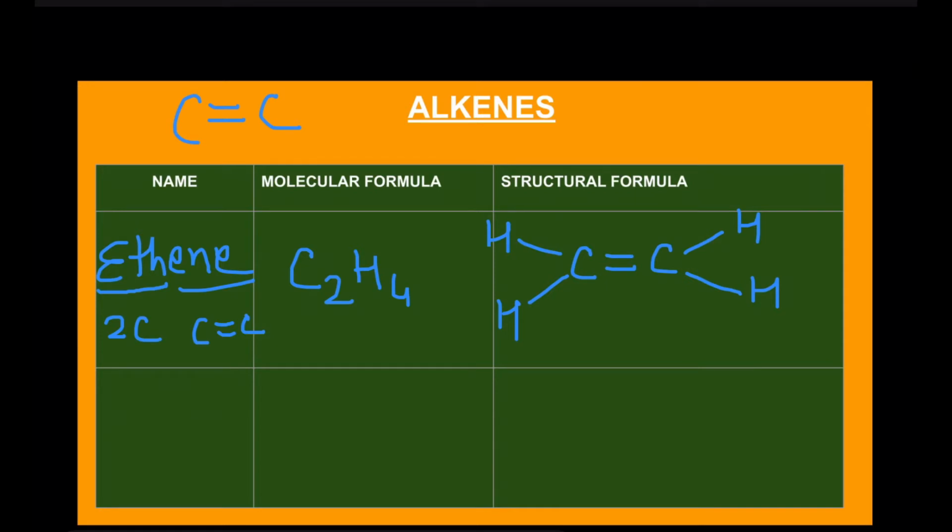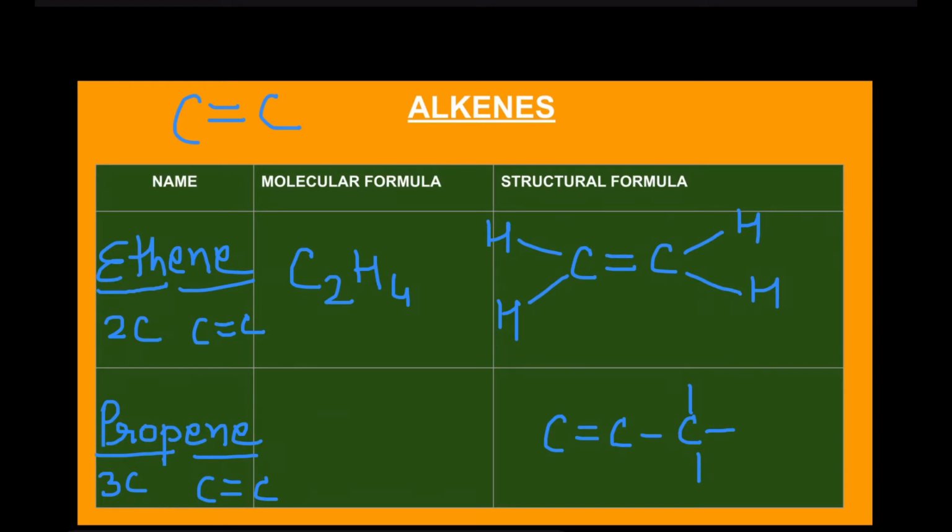Let's see the second homologue of the alkene series, having 3 carbons in it. The name will be propene: prop, 3 carbons, ene, C double bond C. Let's write the structural formula first: C double bond C, C. Now let's write hydrogens.